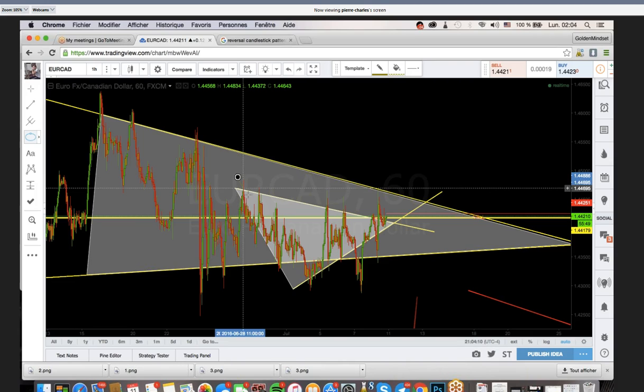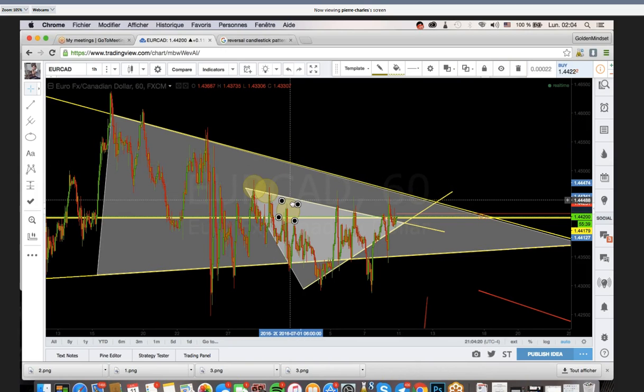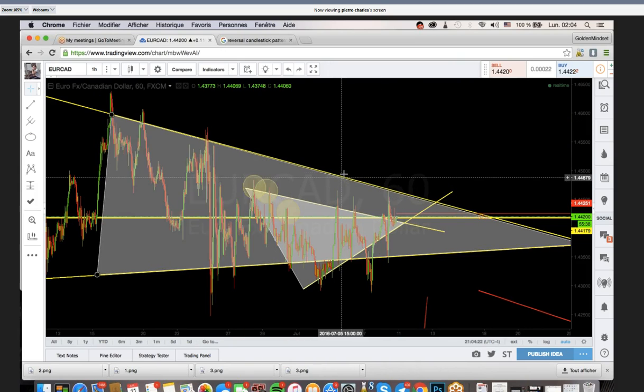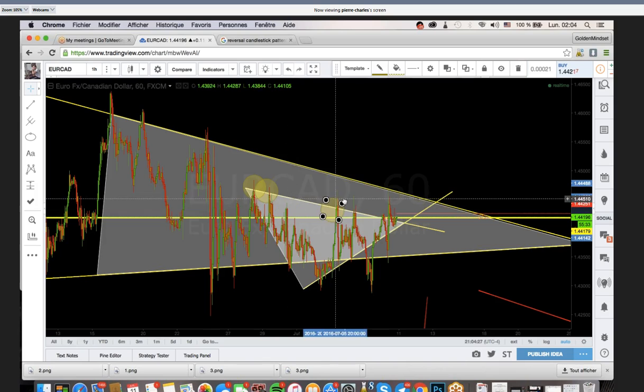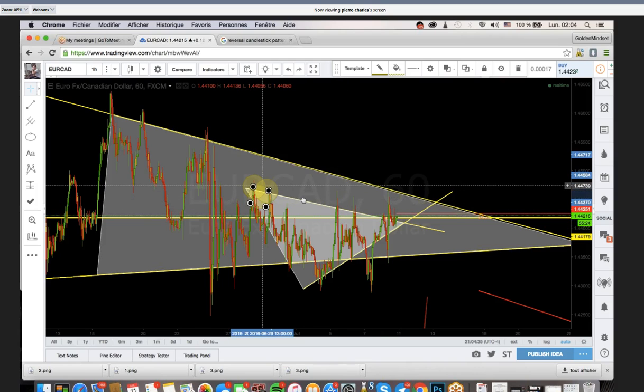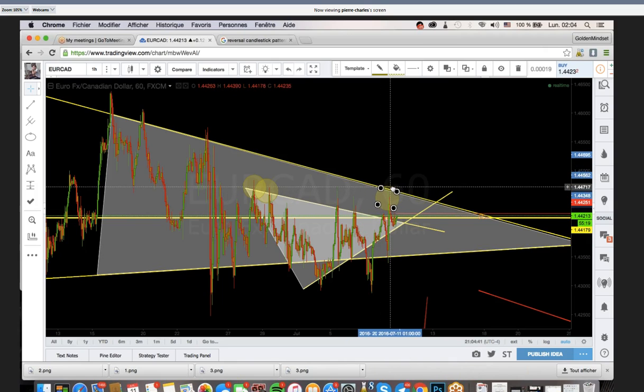I don't know if you can see, but there, lower lows, lower lows. Even if the wick is higher, the body still stays lower, right? Lower, lower, lower, and lower. Boom. What happened there?